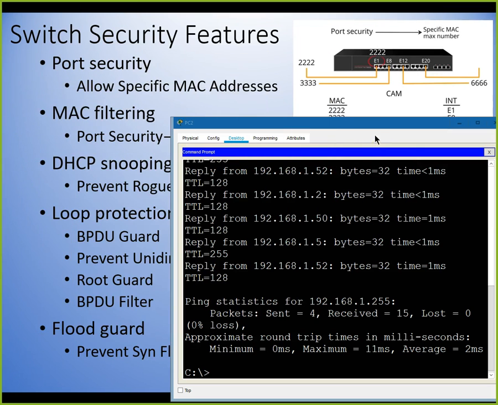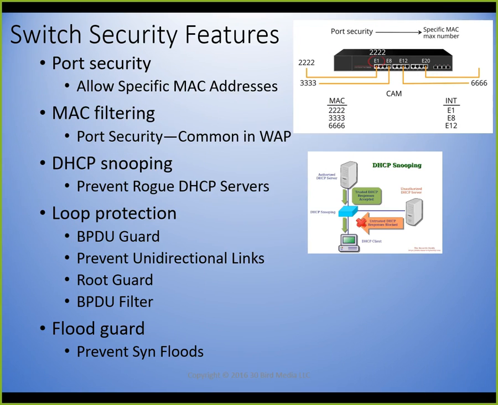The things that we talk about on this slide, it's got two significant things, and I think if you look in the objectives, it talks about these two things, port security and DHCP snooping specifically. And then MAC filtering, port security, we did MAC filtering with port security by using that sticky command.